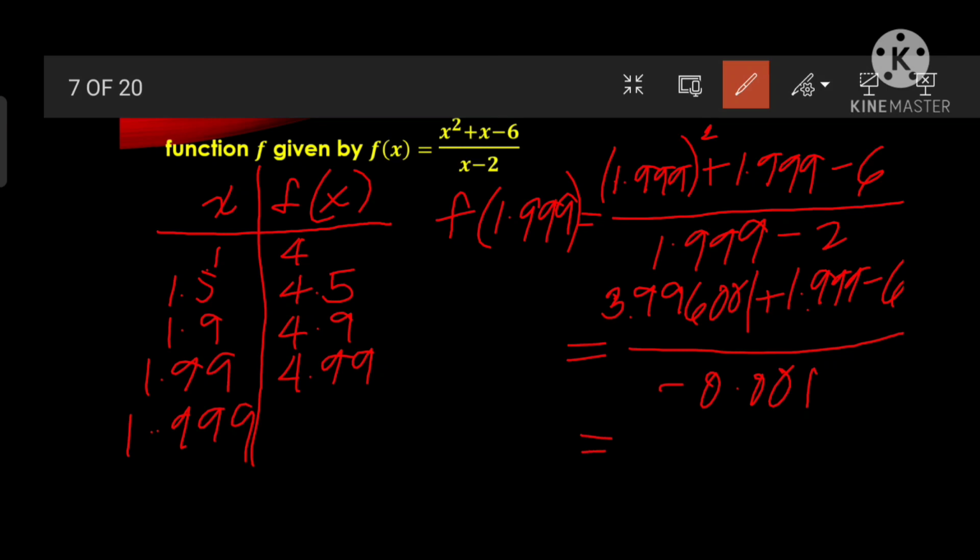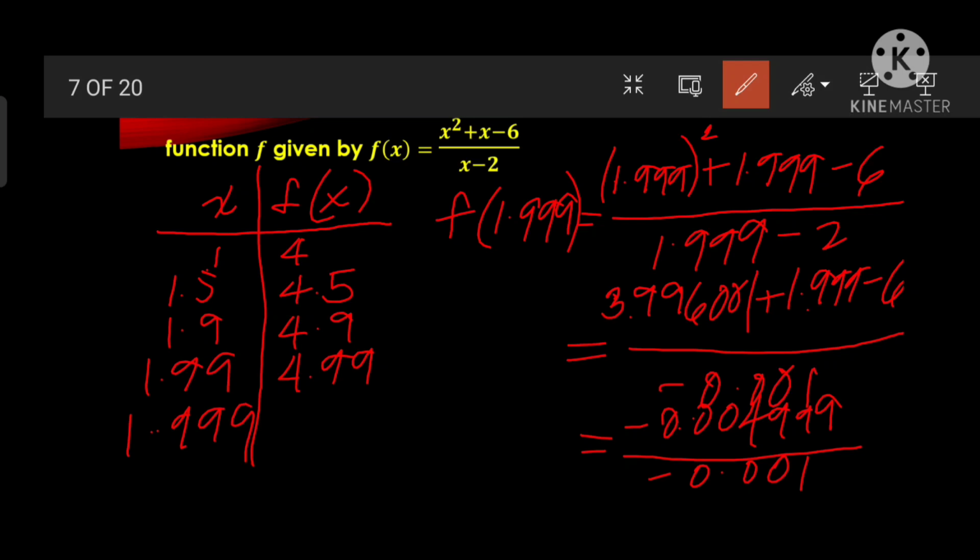Okay, you can use a calculator. Then simplifying the numerator further, we have 3.996001 plus 1.999 minus 6. We have negative 0.000499 all over negative 0.001.